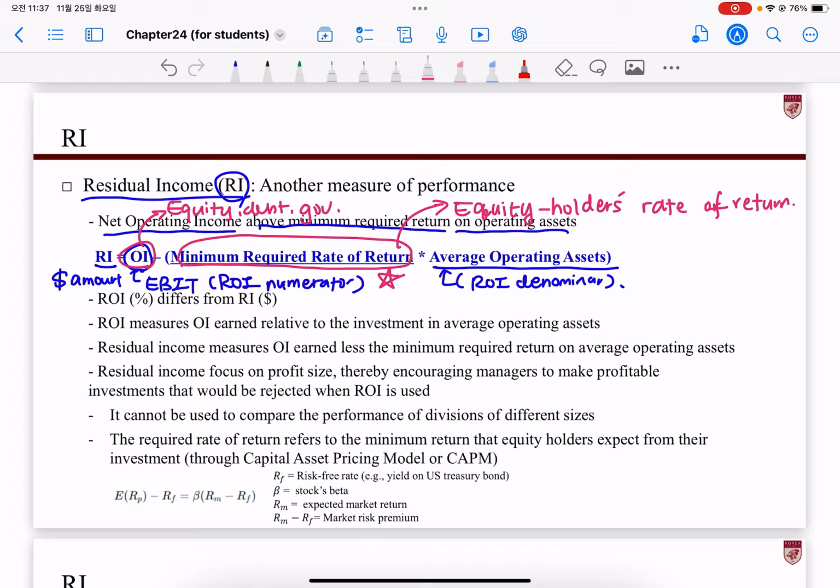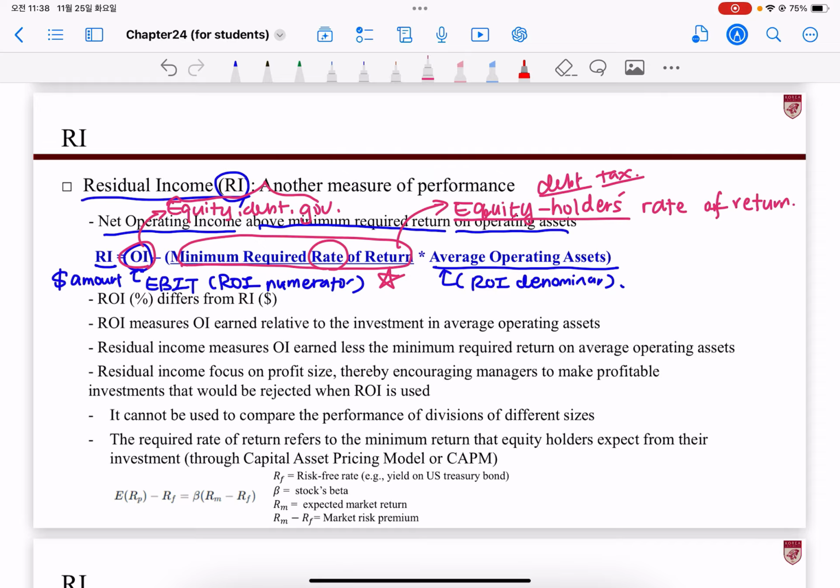So in order to look at pure income for these three stakeholders, actually the minimum required rate of return should consider not only the equity holder but also debt and tax receivers like the government, right?